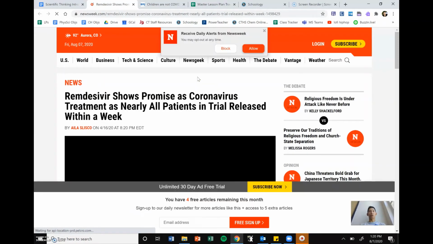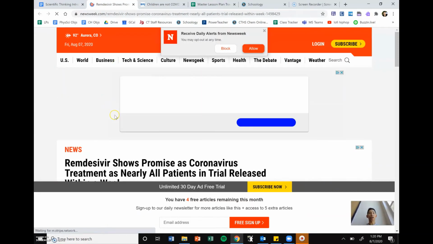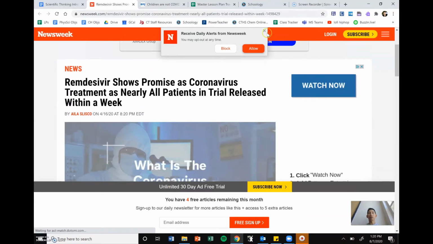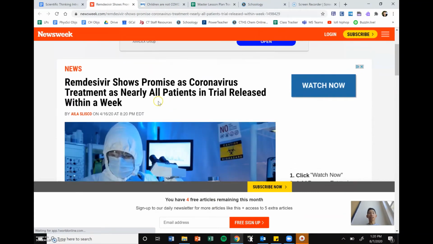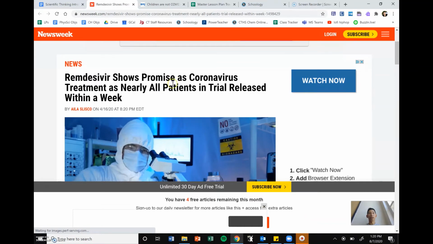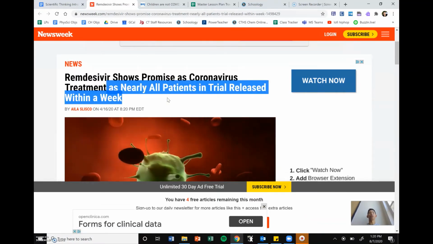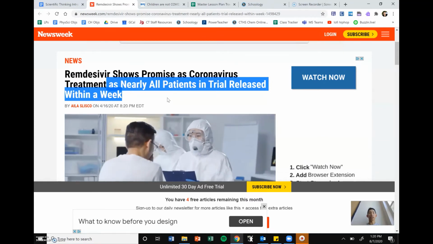This article is about a very highly mentioned drug called remdesivir. And the title of the article is "Remdesivir Shows Promise as Coronavirus Treatment as Nearly All Patients in Trial Released Within a Week."